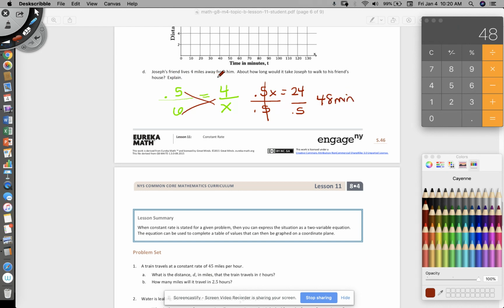And it wants to know about how long. So we're going to kind of round this. I would say 40 minutes is about an hour, give or take. All right. And that is the last problem for this lesson.